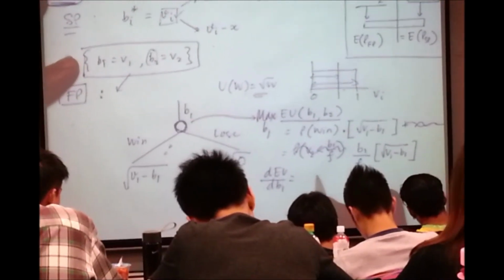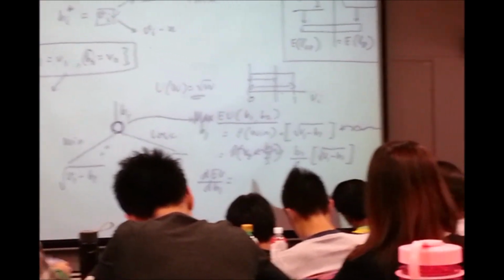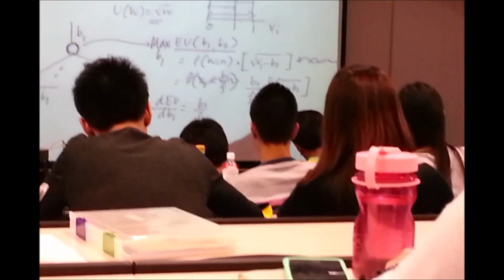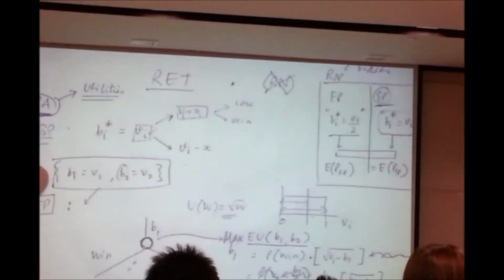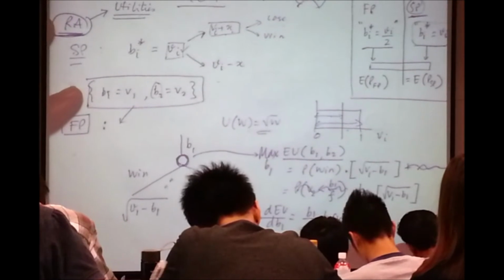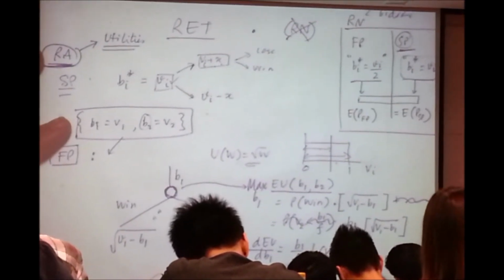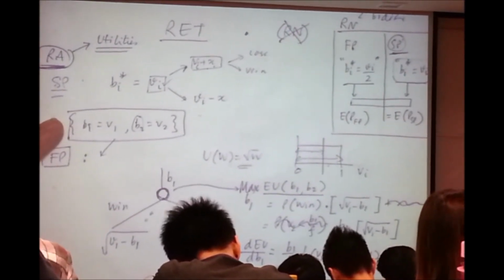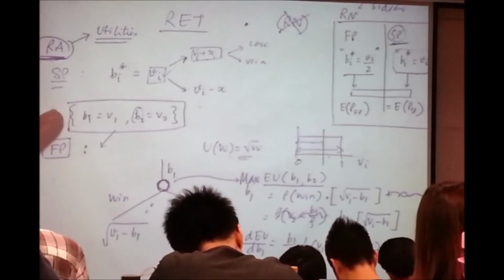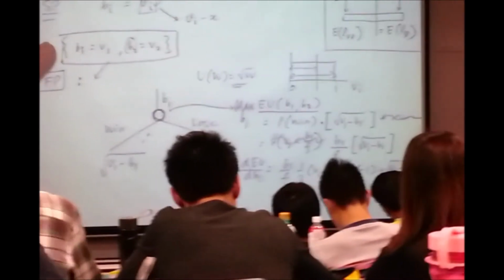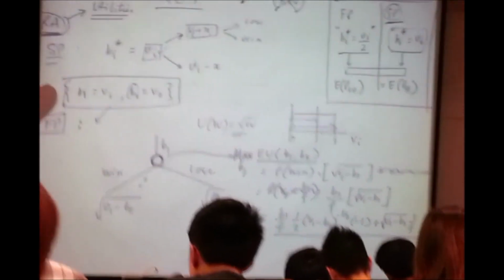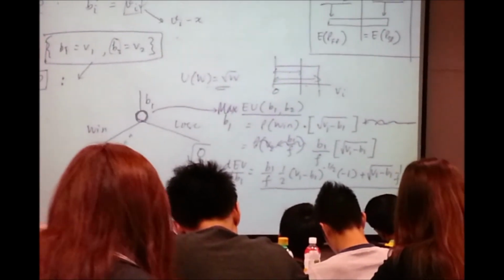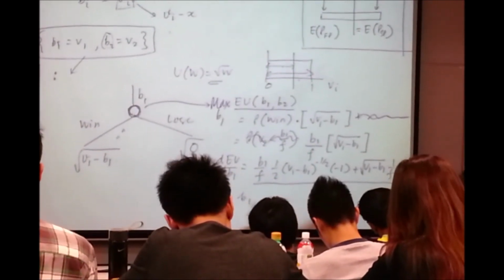Product rule again: hold this constant, B1 over F, differentiate this, you get half B1 minus B1 to the power of minus half times minus 1, plus B1 minus B1 to the power half, differentiate this and you get 1. This is your first order condition. You set it equal to 0 and get an expression for B.